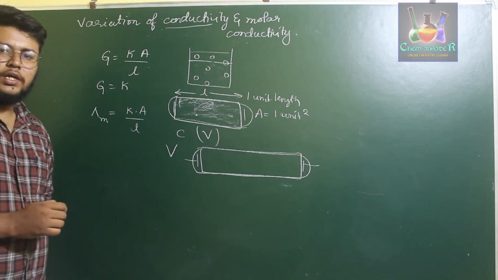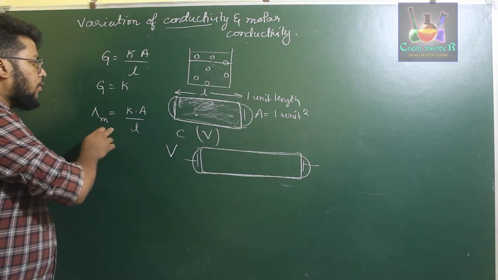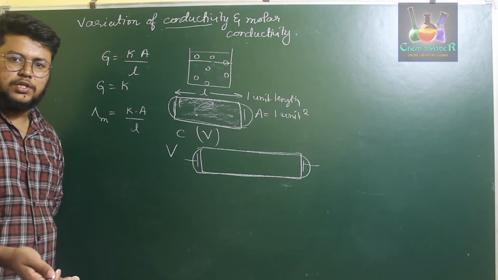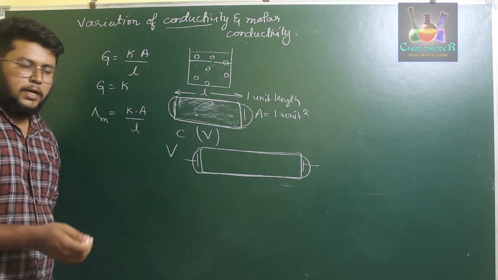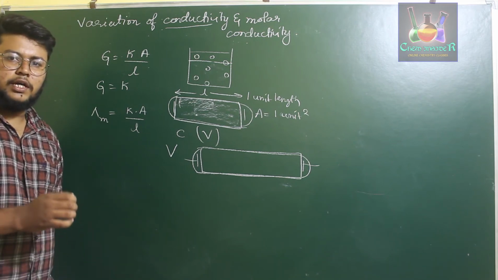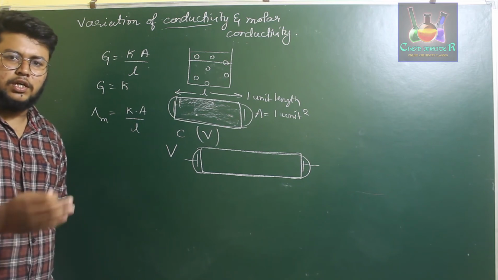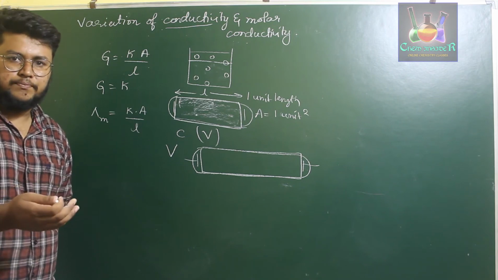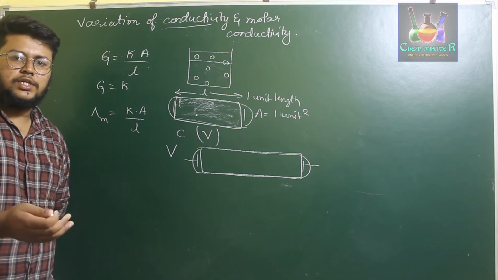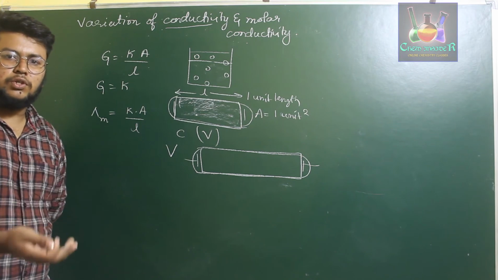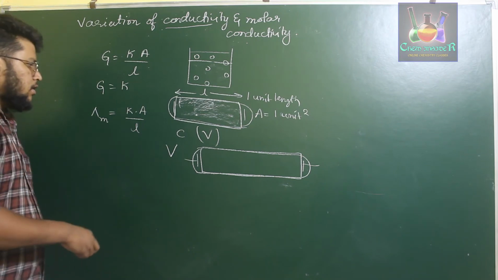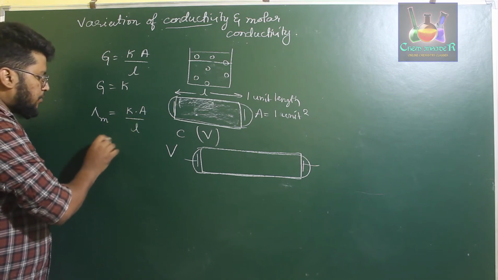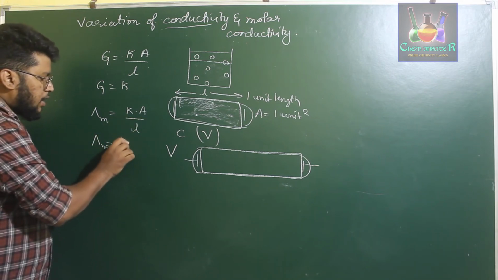With a decrease in concentration, G decreases. But when the conductivity cell has a very large area, sufficient to increase the volume of the solution to a higher extent, then kappa A by L, which is lambda m, is equal to kappa into V.